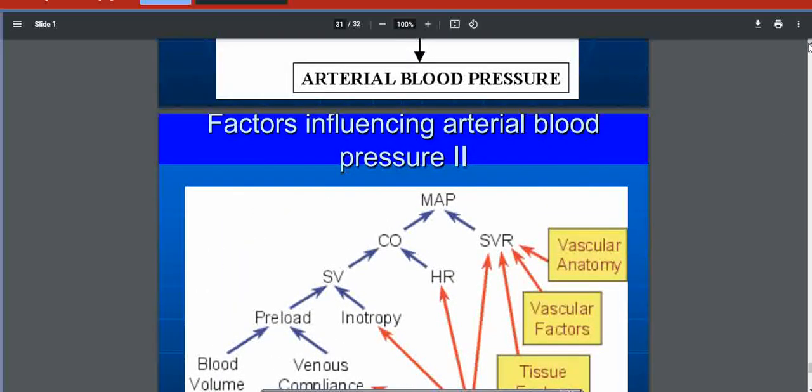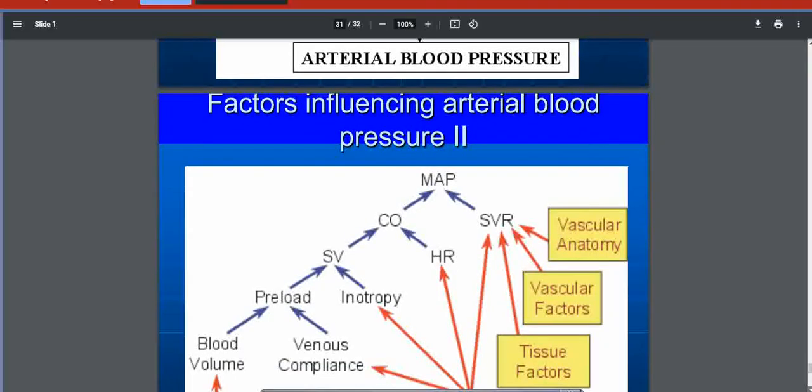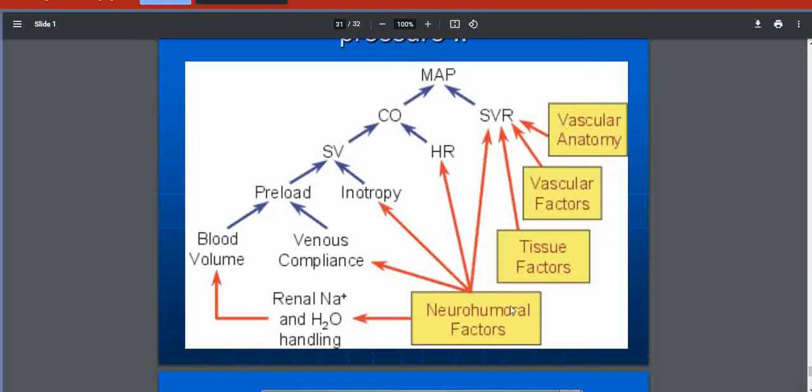Let's talk about them. First of all, neurohormonal factors. These are secretions like the catecholamines, which enhance vasoconstriction, and by that we can have retention of sodium and water, resulting in increased blood volume, causing preload to increase, that is venous return, resulting in increased stroke volume and cardiac output, and then mean arterial pressure is elevated.